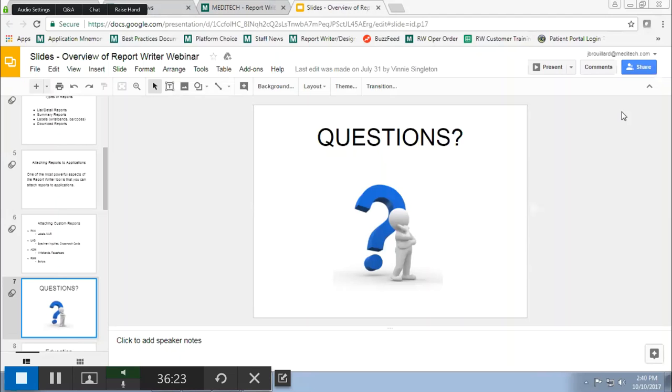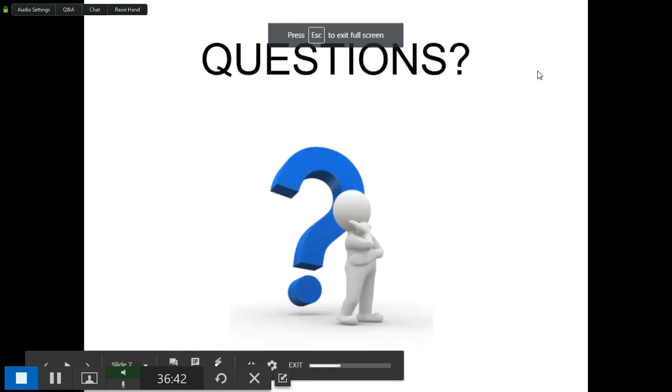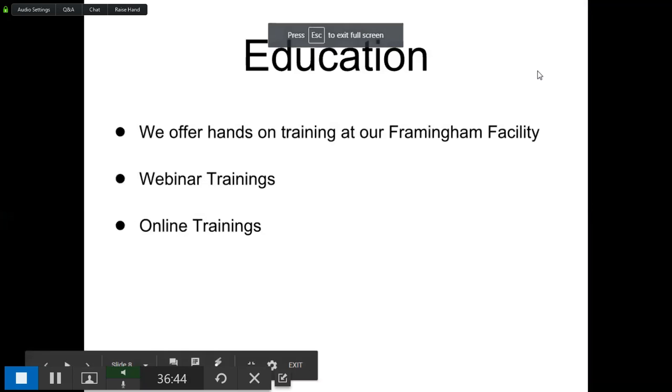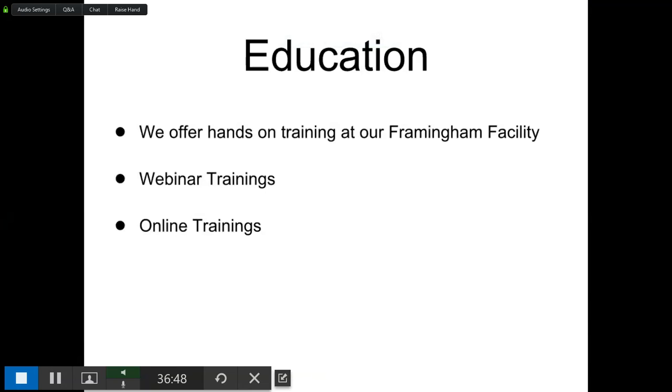All right, so now that we've seen the Report Writer tool and we've seen some examples of the different types of reports and methods of running, we will now review the needed training by individuals to use this tool effectively. So for education, we offer a hands-on training at our Framingham facility.